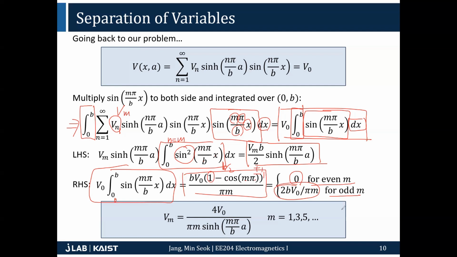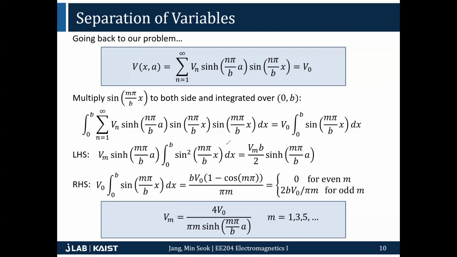Right? So now you know both sides of the equation, right? So from equating this and that, you can determine Vm, right? And then Vm is written like this. And m is equal to 1, 3, 5, and so on.